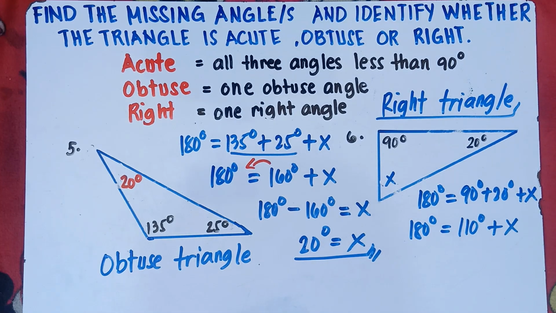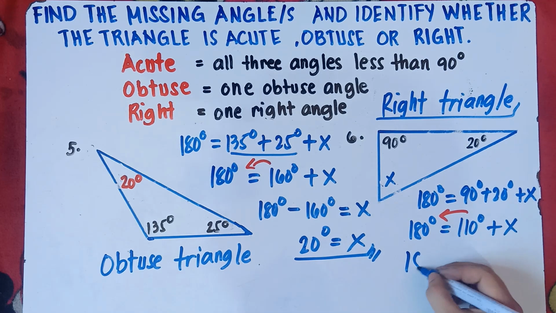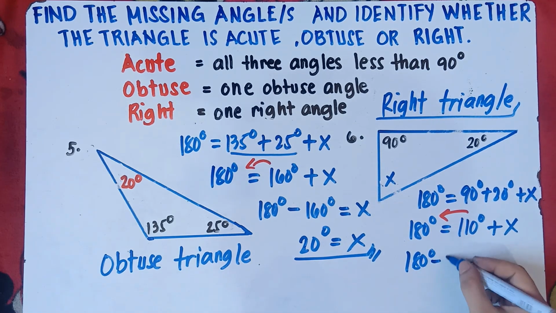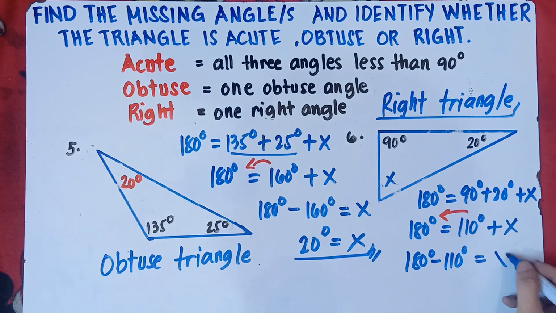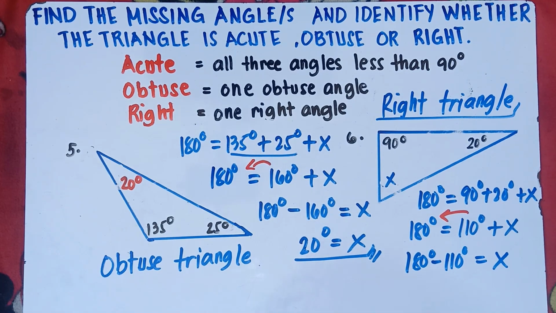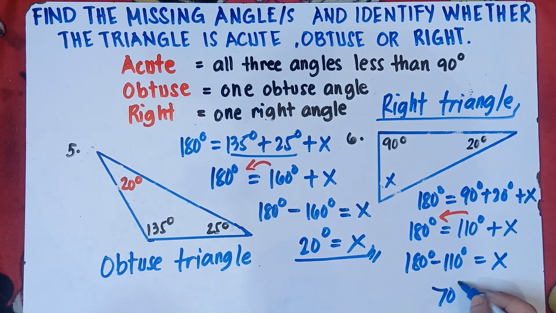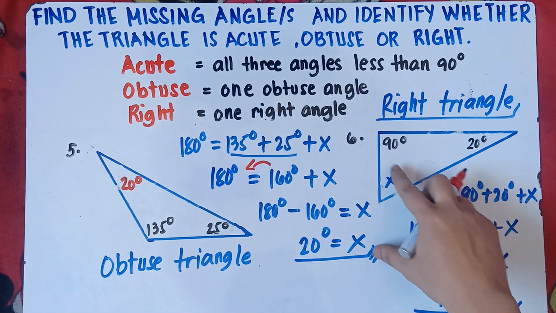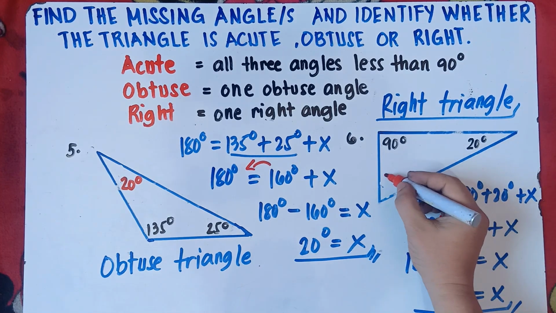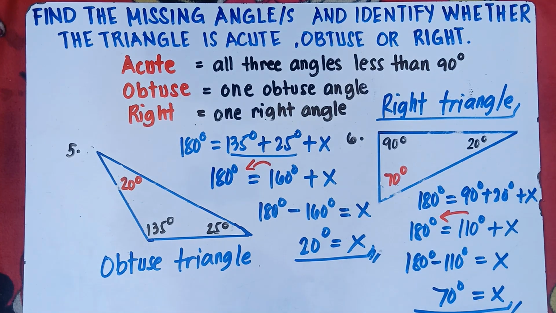So to get the value of x, you transpose 110 from right to left. This will be 180 degrees minus 110 degrees equals x. 180 minus 110. What's the answer, class? That's correct. That is 70 degrees equals x. That's it, class. That's the answer for number 6. 70 degrees. All set, class.